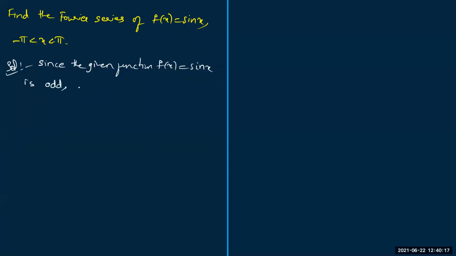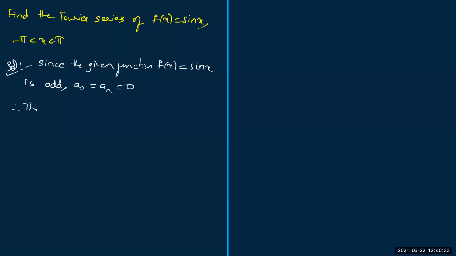Since it is an odd function, we'll get the series only in sine terms. So both a naught and an are equal to 0.